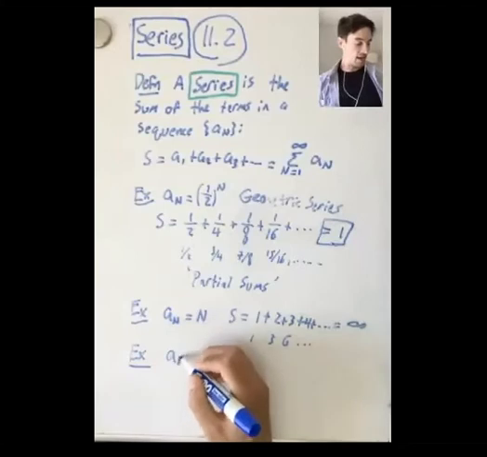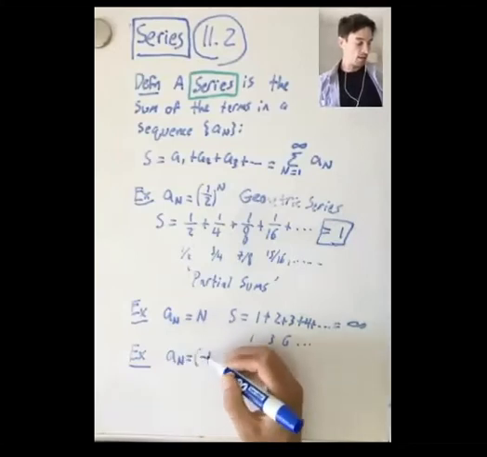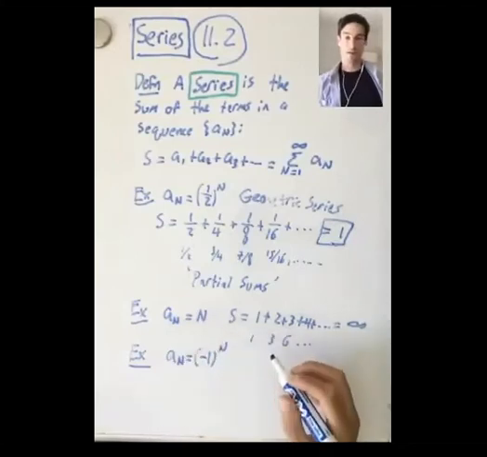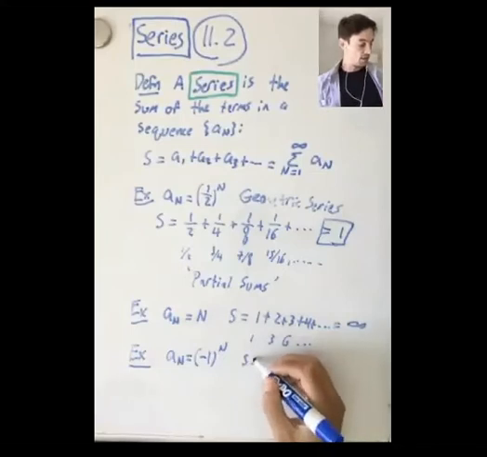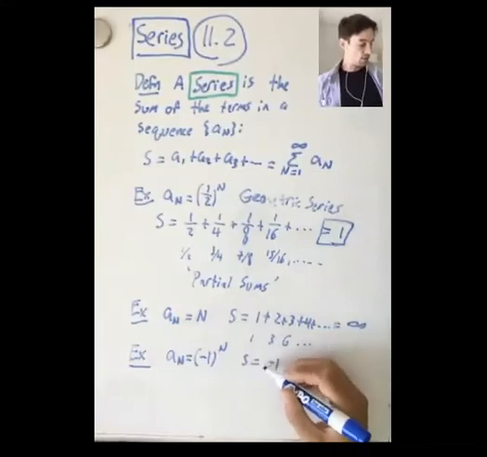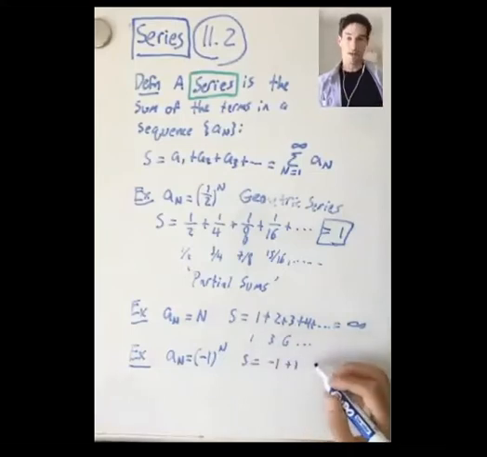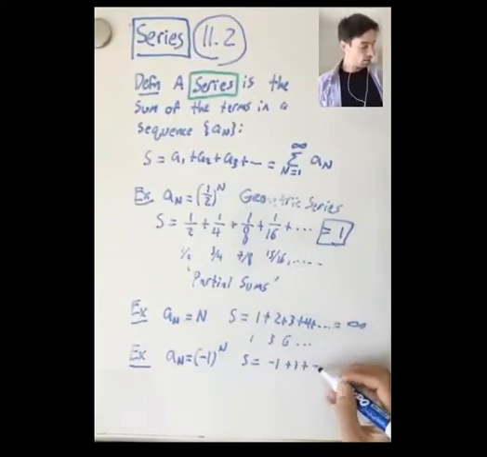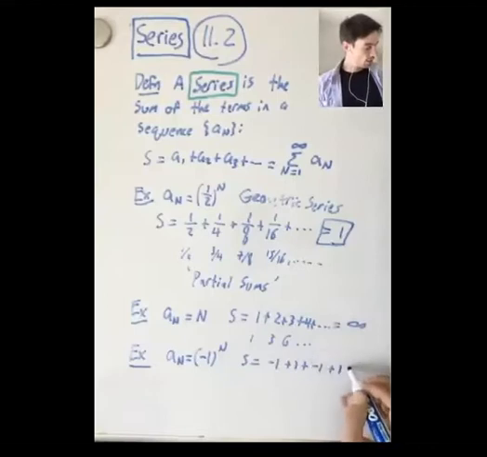Let's say a_n is (-1)^n. So then our series is (-1)^1 plus (-1)^2, which is 1, plus (-1)^3, which is -1, plus 1, plus -1, and so on.